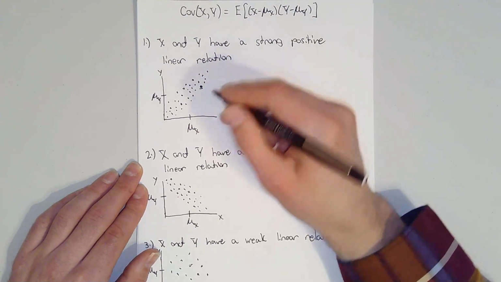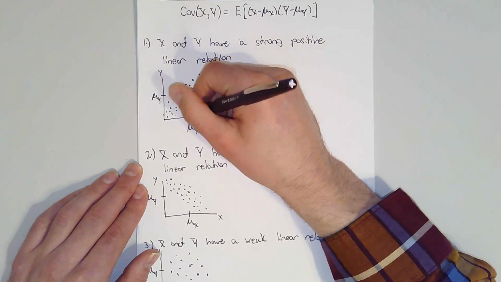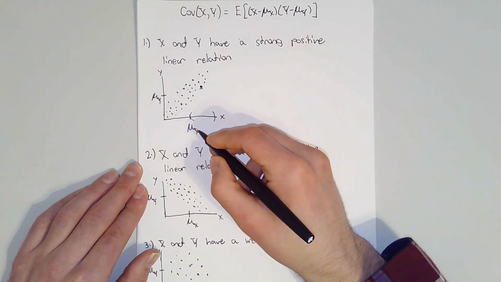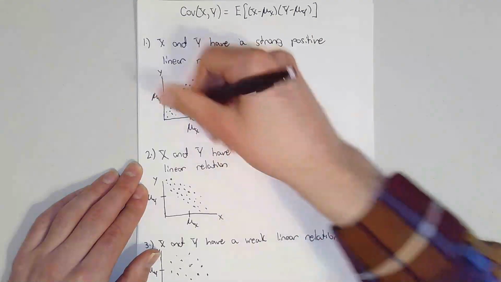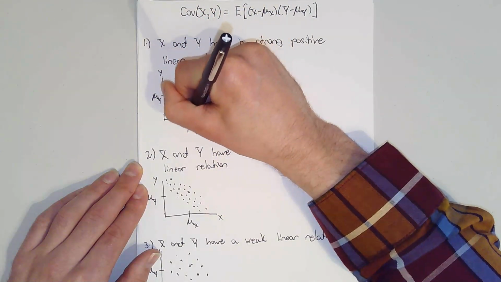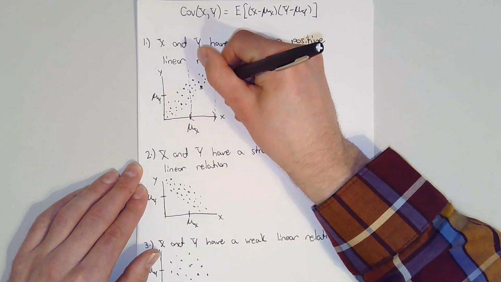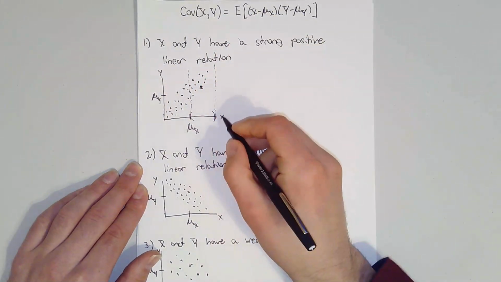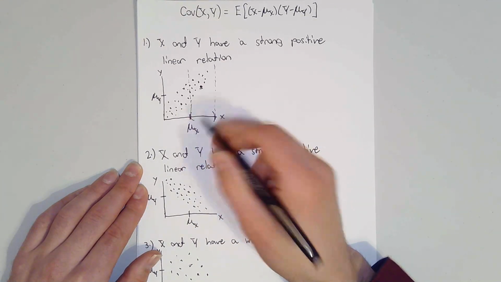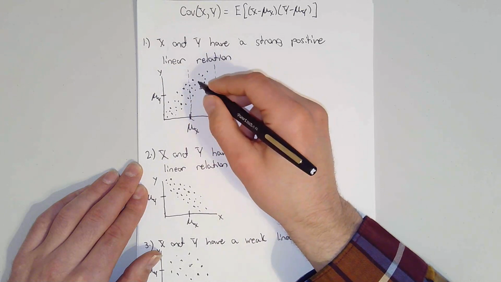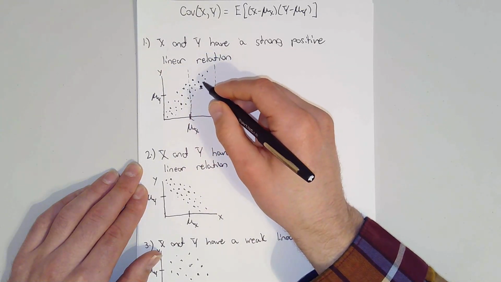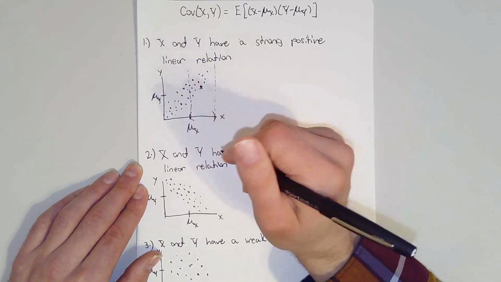So in this case, if I consider values, let's say, of x that are above mu sub x, if I consider only the points in the scatter plot in which the x-coordinate is greater than mu sub x, we can see that most of the points in this region have y-coordinates that are usually above mu sub y.